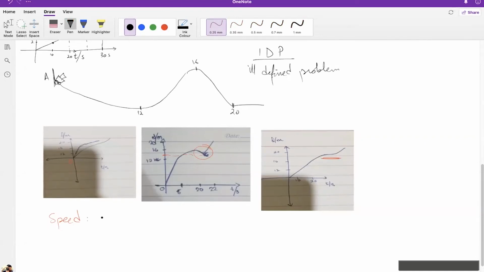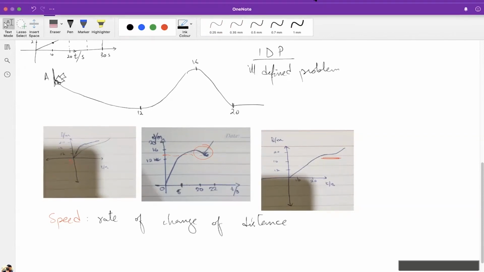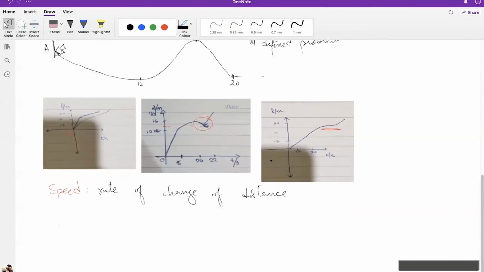It is simply the rate of change of distance. If you were to define it mathematically, it means how much you have changed the distance. So change in distance, this triangle means change, compared to the change in time.